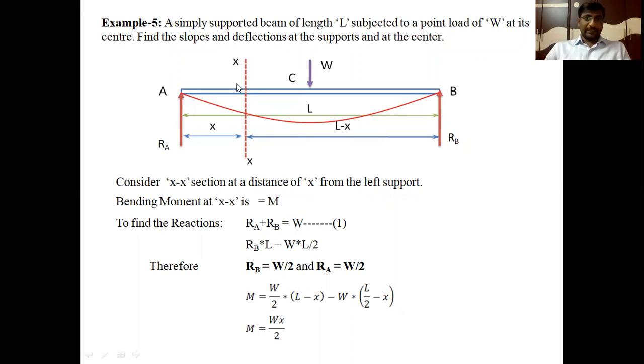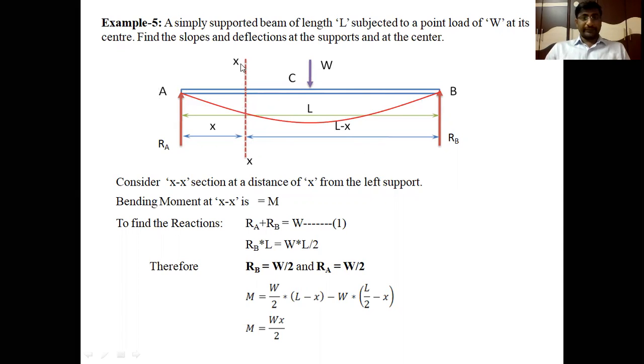We have 3 points in this beam: A and B are the supports, C is the center point. We have to find the slope at A, B and C, and similarly the deflection at A, B and C.